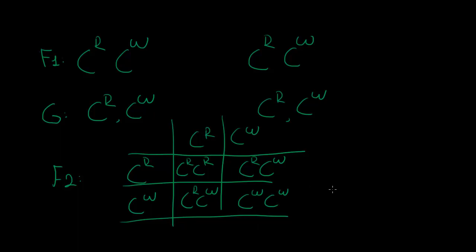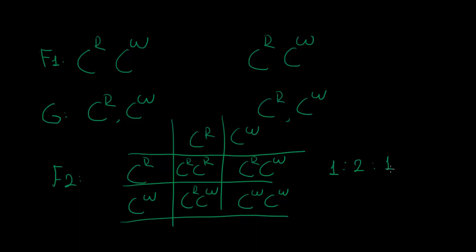So what do we have here? We have red flowers, pink flowers, white flowers. So this means that we have a phenotype ratio of 1 to 2 to 1, 1 being red, 2 being pink, and 1 being white.